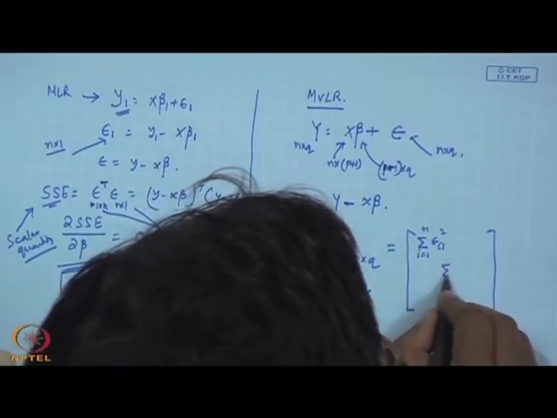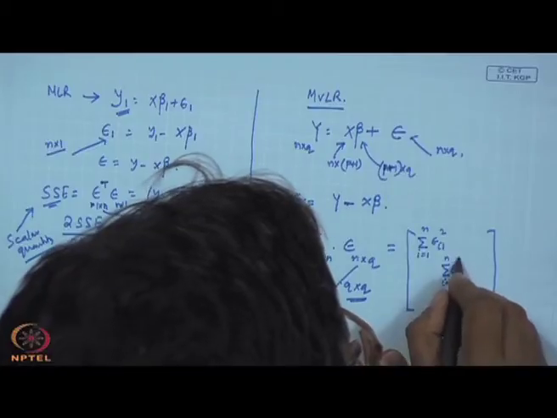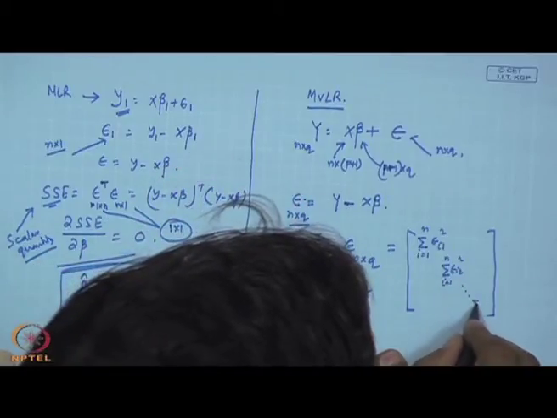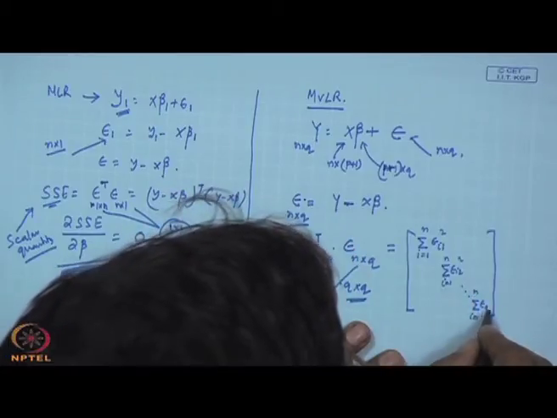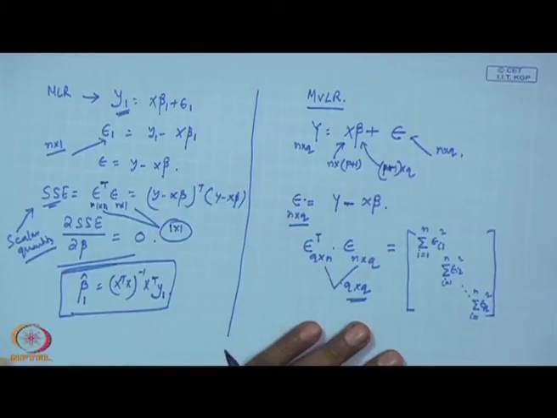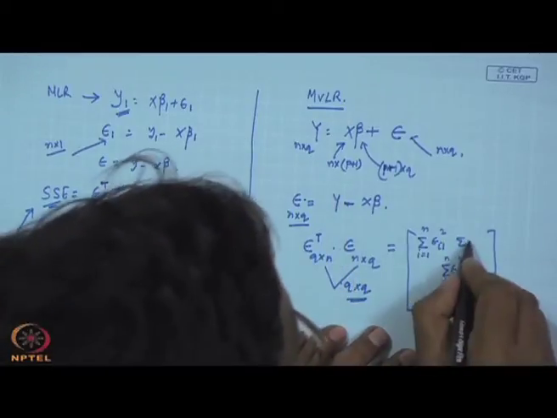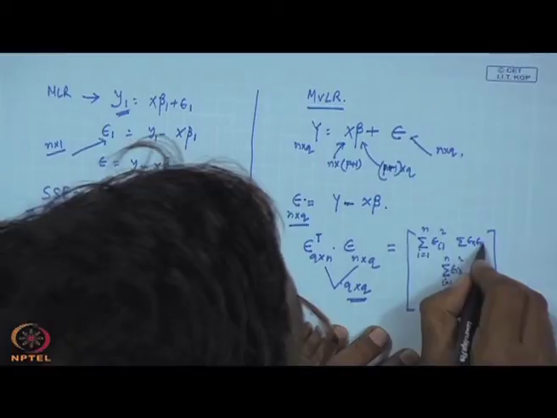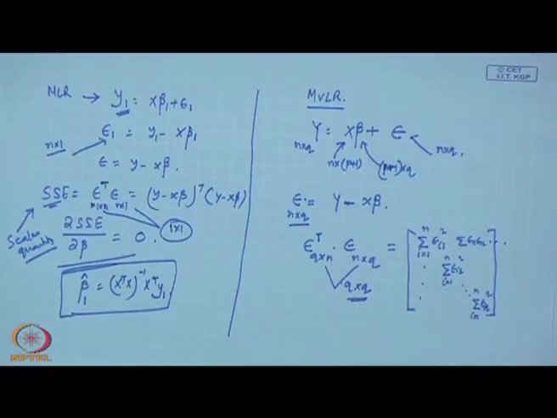The second diagonal element will be the sum over i equal to 1 to n of epsilon i2 square. Similarly, the last diagonal will be the sum of epsilon iq square, and the off-diagonal elements will be the covariance structure, epsilon i1 epsilon i2, like this.